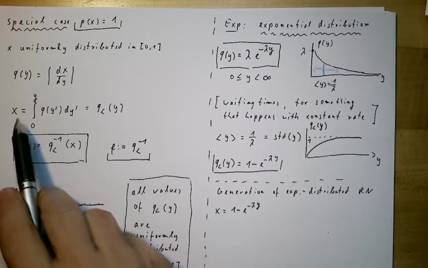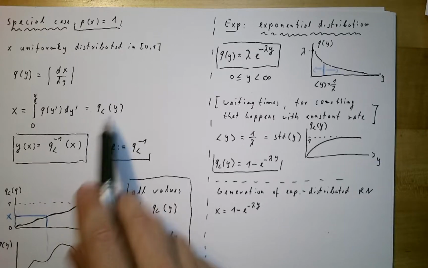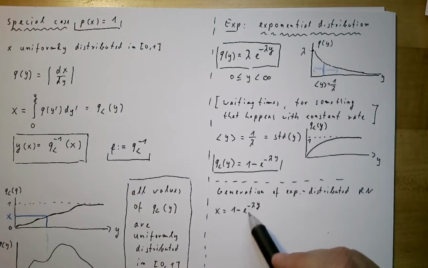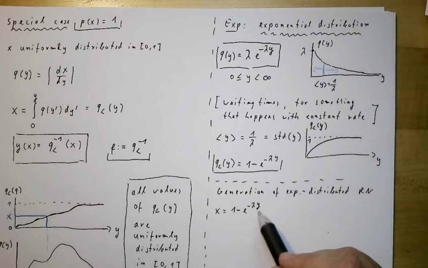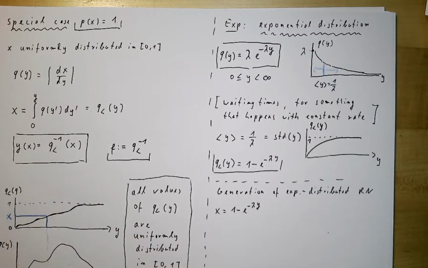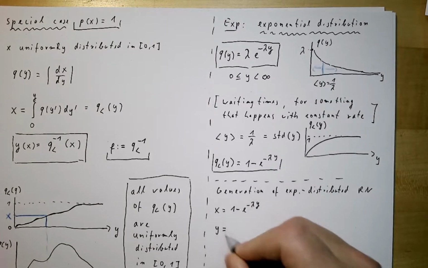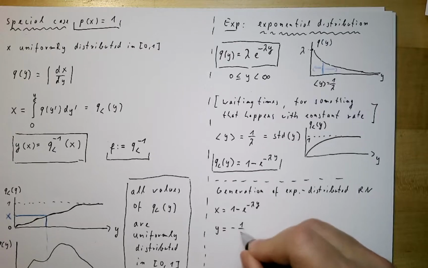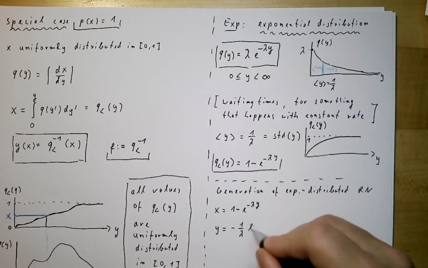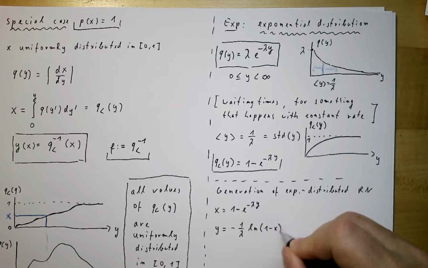So that's the main variable transform. x is the cumulative distribution of our PDF. And now we have to find the inverse transformation. We have to solve it for y, because y is given by the inverse of this. So then y equals minus 1 over lambda times the logarithm of 1 minus x.